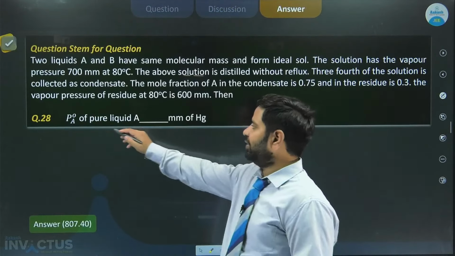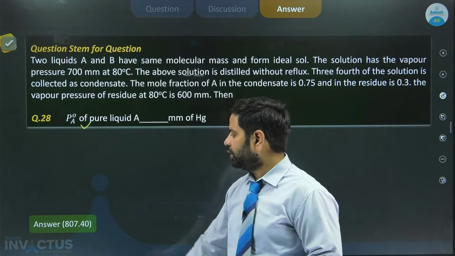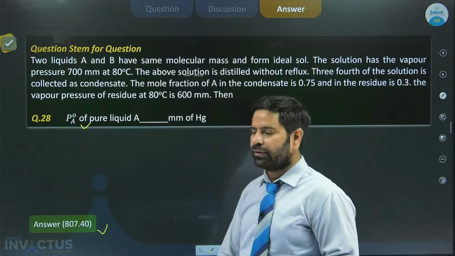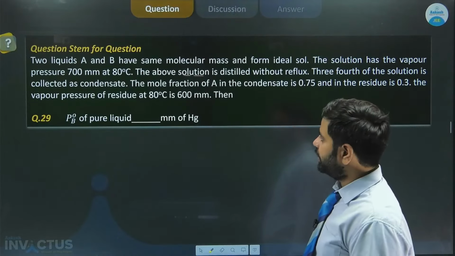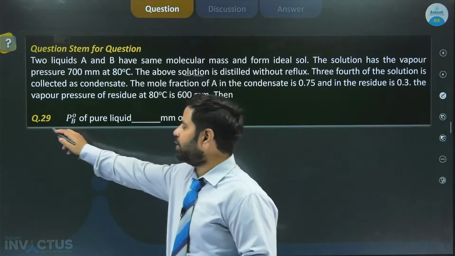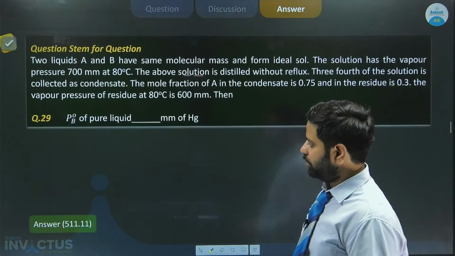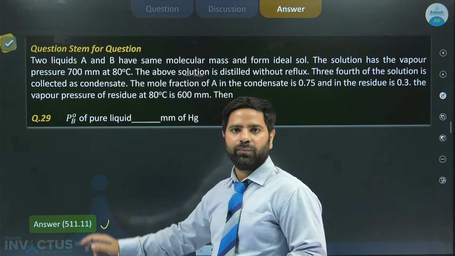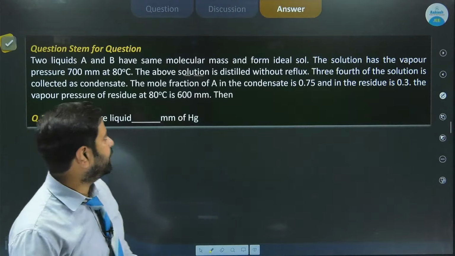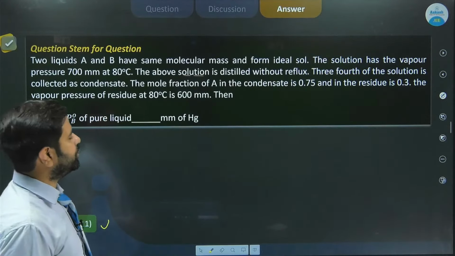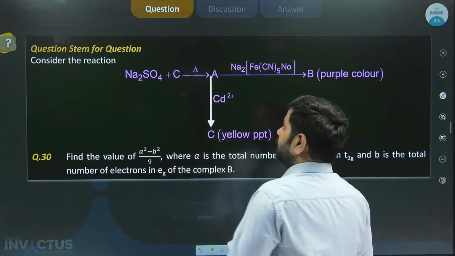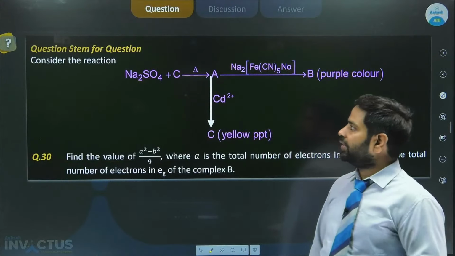The P naught A asked is 807, and P naught B, asked in the next question, question number 29, is equal to 511.11. Okay. So this is the question based on the liquid solution. Let's move on to the next question.